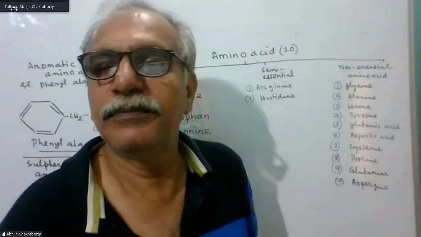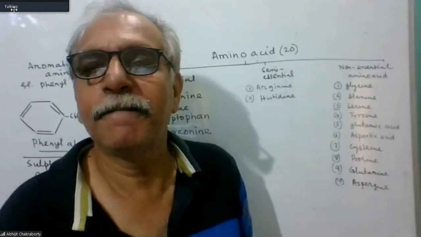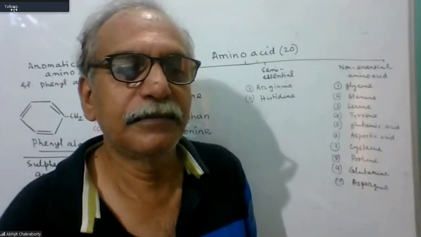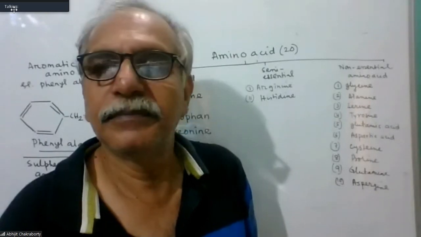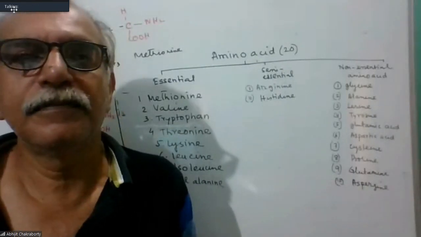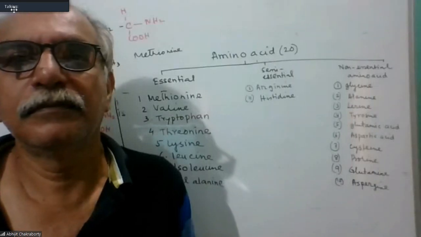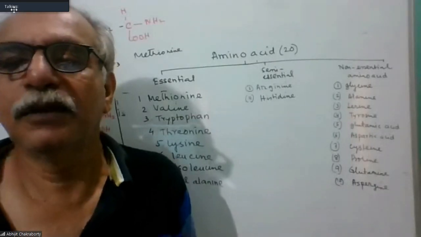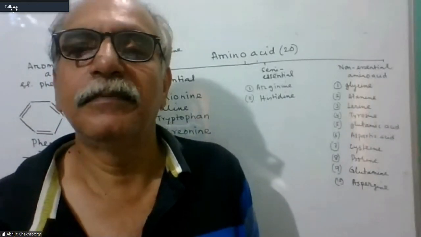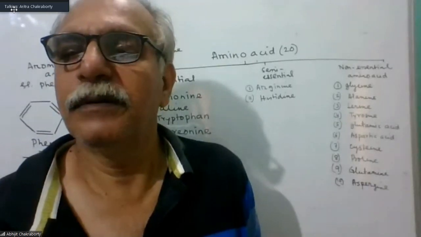অরিত্র বলো, how many amino acids are found in nature? How many amino acids are found in nature? হ্যাঁ, অপরজিৎ বলো। Sir, 20. বলো অপরজিৎ। Sir, 500.